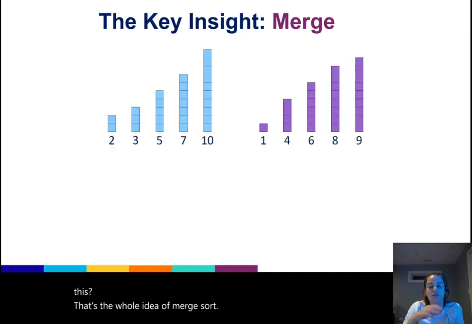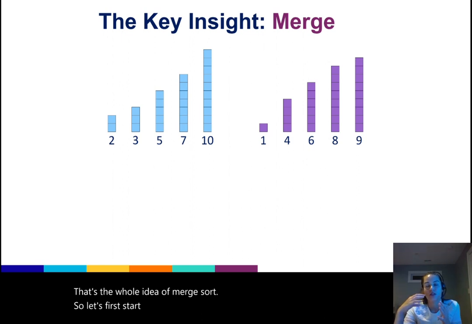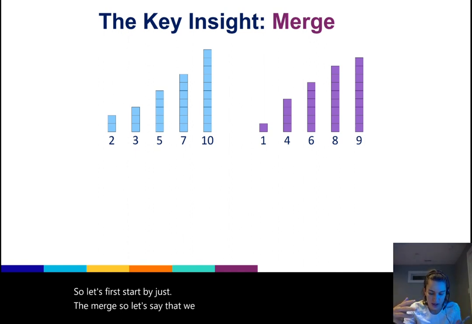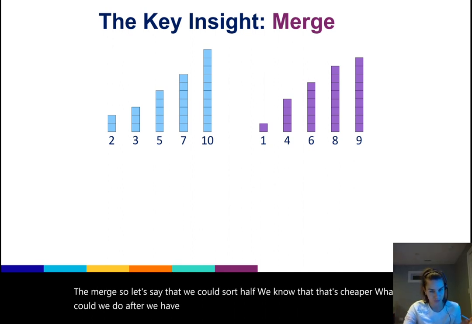So let's first start by just the merge. So let's say that we could sort half. We know that that's cheaper. What could we do after we have 2 sorted halves?